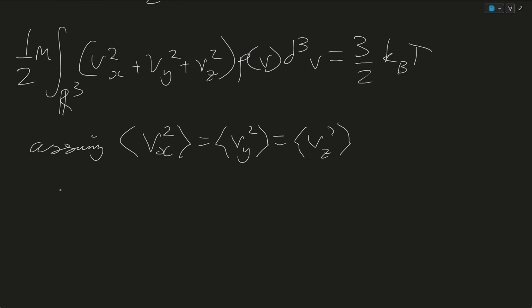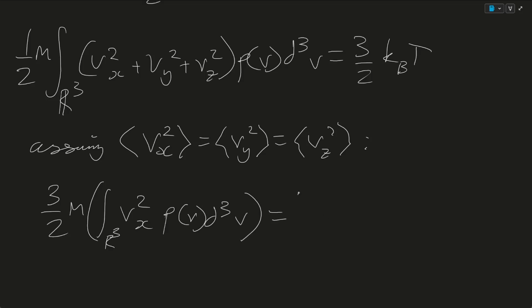So we can shorten that integral down to 3 over 2 m times the integral over R cubed of vx squared p(v) d cubed v is 3 over 2 kBT.